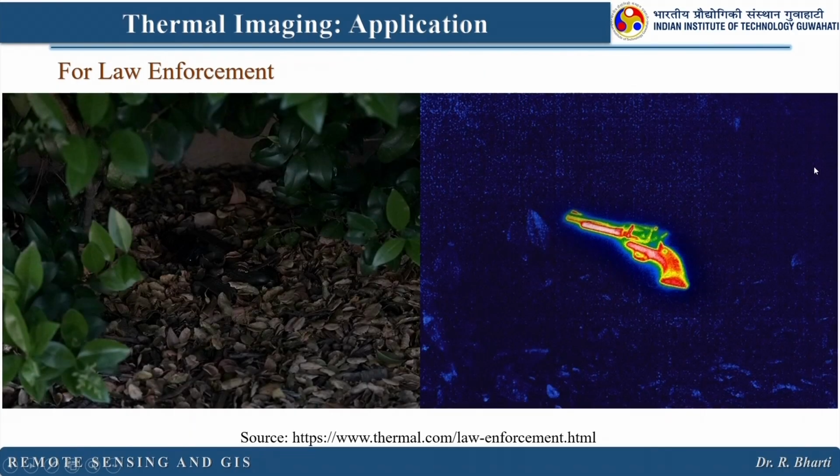Here this gun was hidden, but here it is very evident that the gun is lying in this particular location. So you can easily track what was hidden or camouflaged in the visible range. There are a few advantages which you cannot have with any other wavelength region.